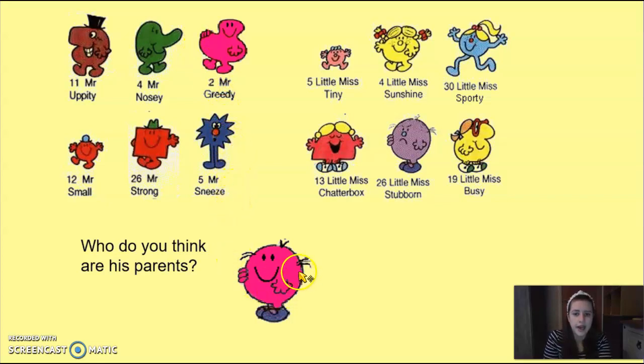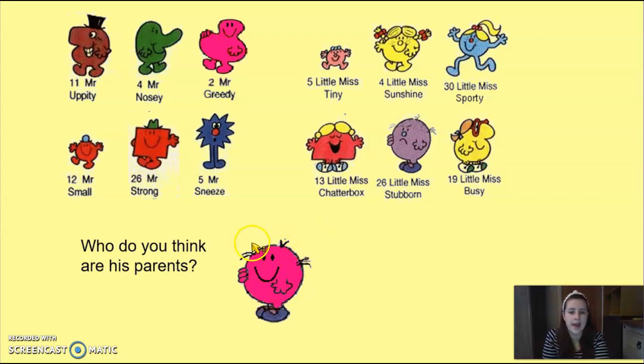So we've got the body shape is very similar, along with the amount of hair he has. So the hands are similar to Mr. Greedy, as is the eyes and the mouth. The shoes, I mean, you don't actually inherit shoes, but for the purpose of this game, we're thinking about the shoes.